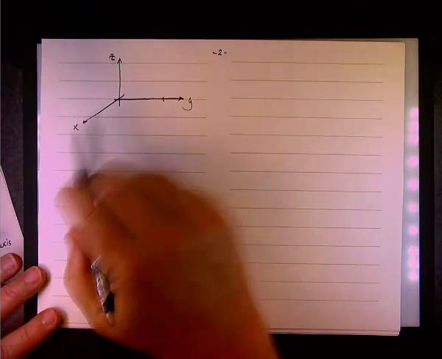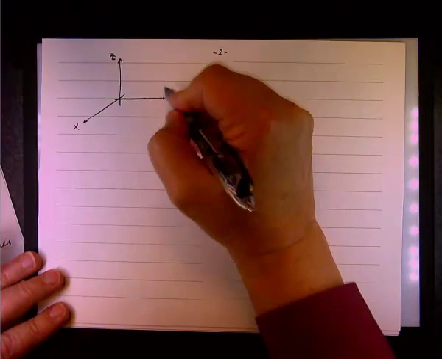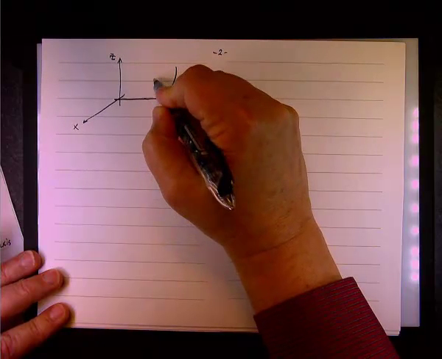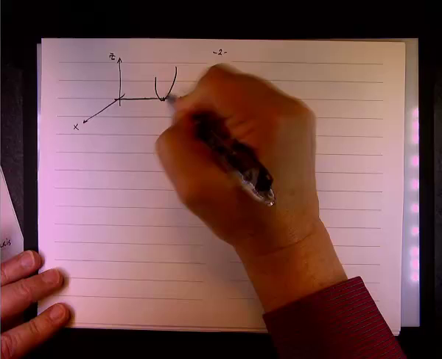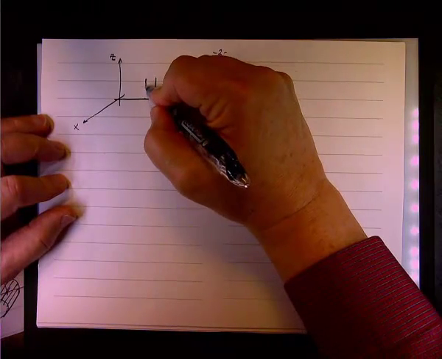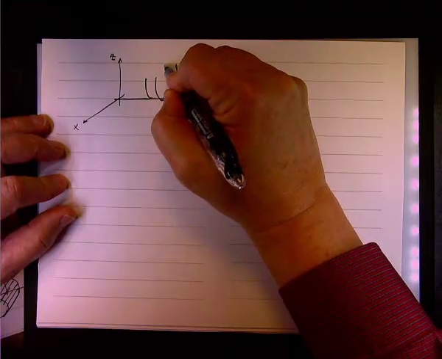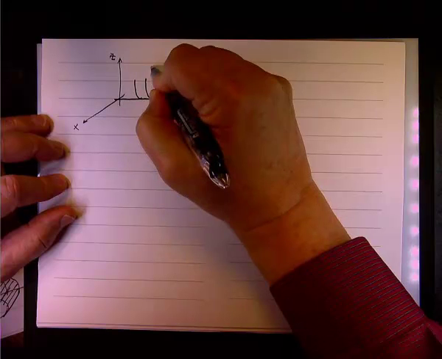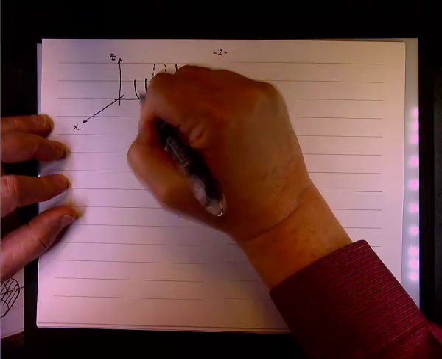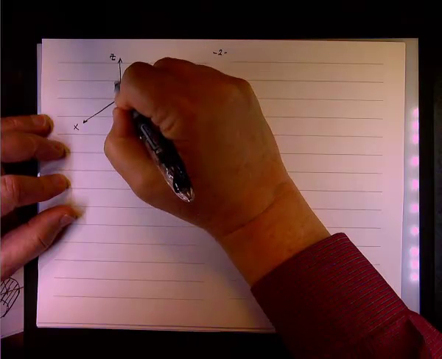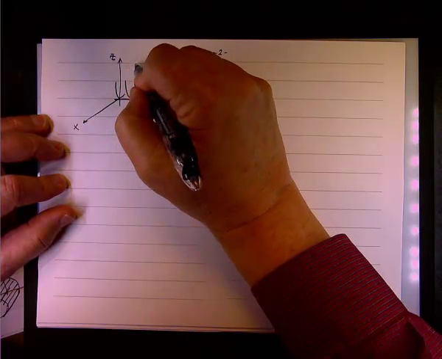So we end up with a parabola on a plane that is parallel to the zx plane, and the parabola is like so. Okay? So this is for one k value, and then parallel to it I can come up with another k value, like so, and another k value, like so, and so on. So those are the traces.